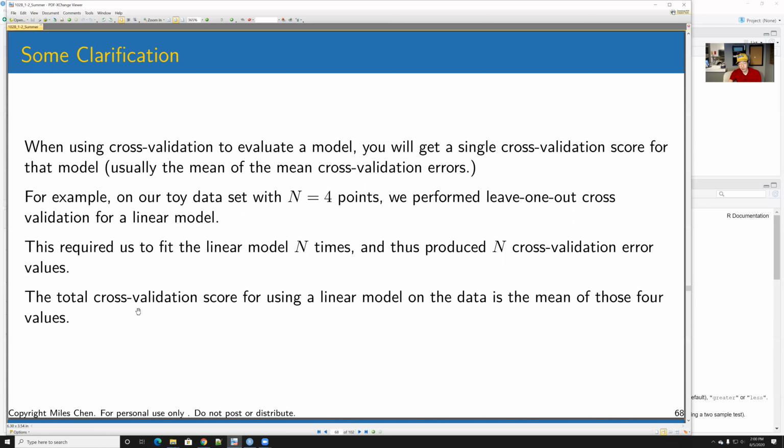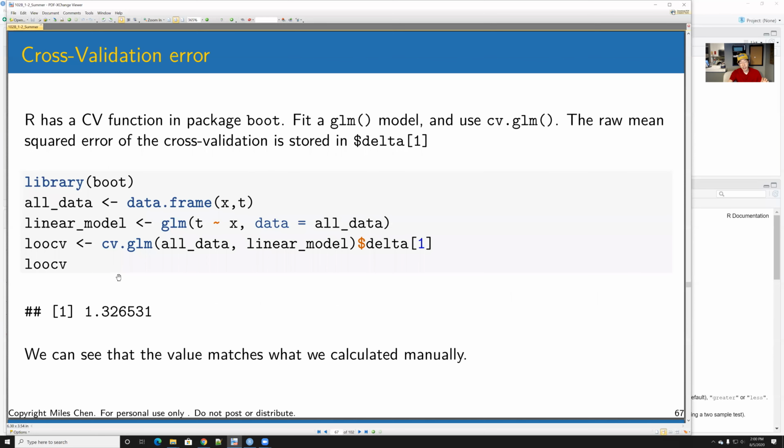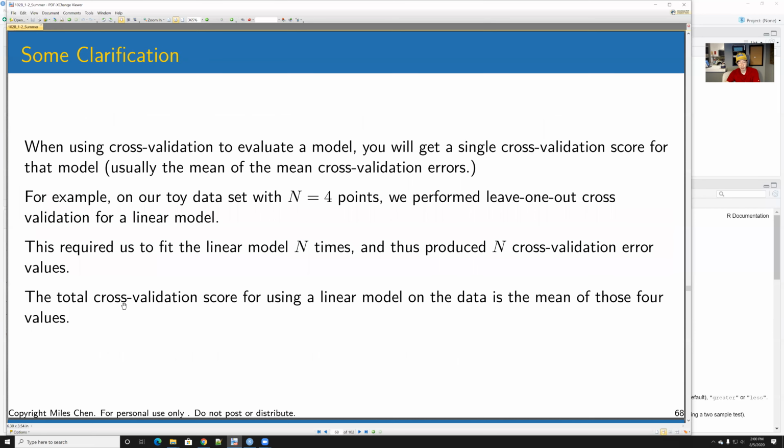The total cross-validation score for the linear model is the mean of those 4 values. By itself, this is probably not super useful. Where it's useful is when we take the leave one out cross-validation score for the linear model and compare it to the score for a quadratic model or a cubic model or whatever it might be.